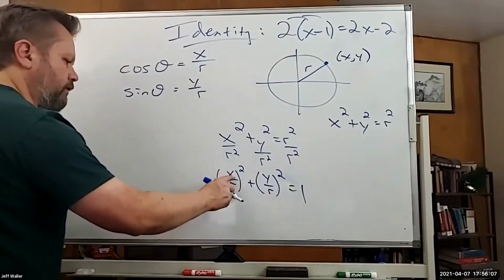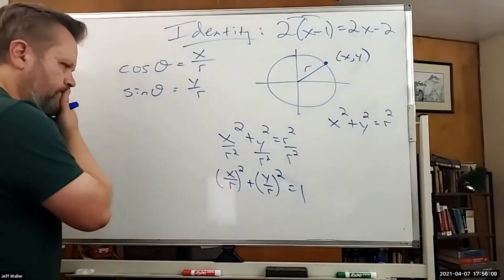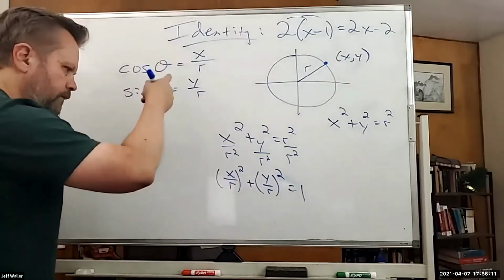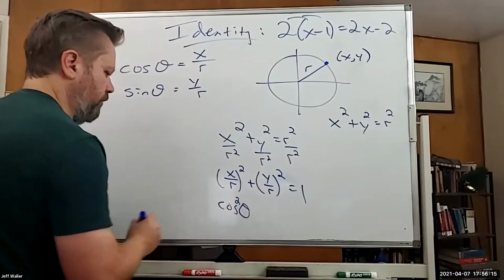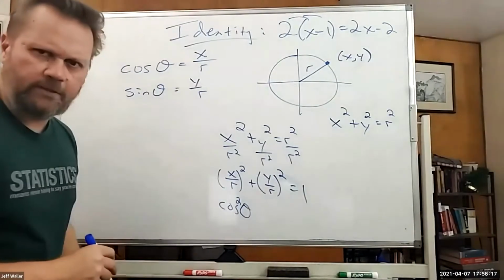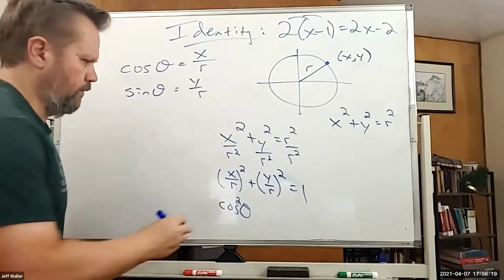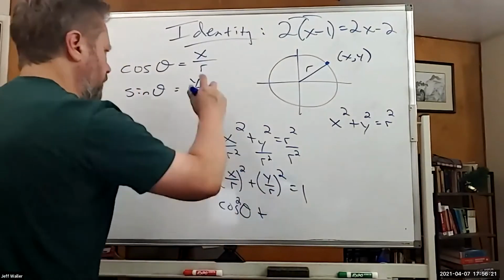What is x over r? Cosine of theta. And we put the little square in the middle. I think I've talked to you guys about that. Plus y over r is sine.